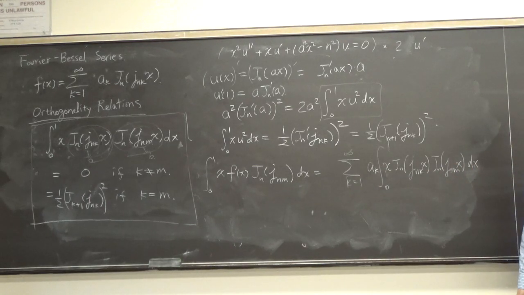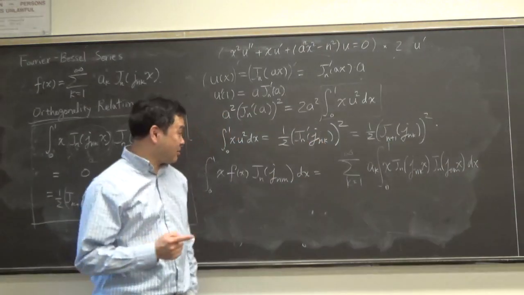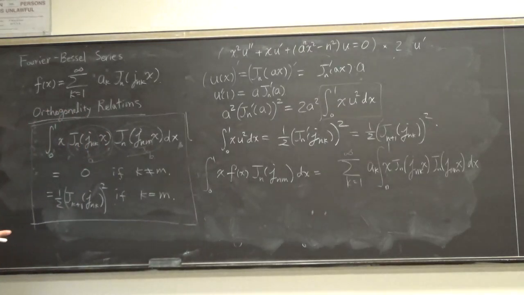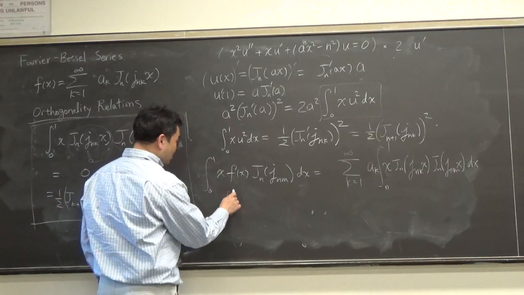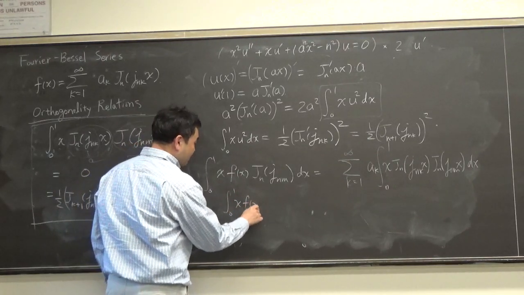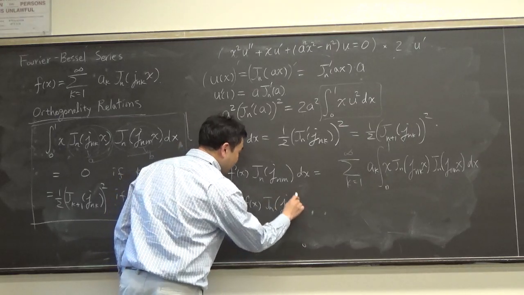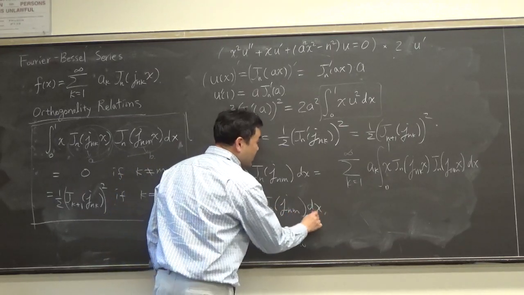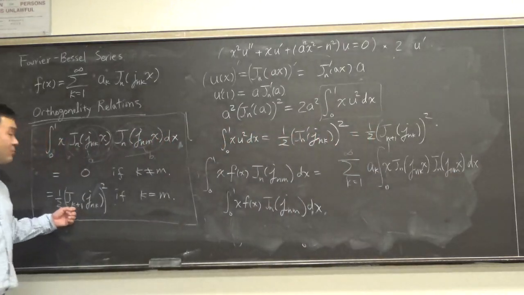It's 0, right? Because here, what's the only case it's not 0? When k is m. So what you get is on the left side the integral from 0 to 1 of x f x jn of j n m x dx, and when k and m are the same, you get this value, right?